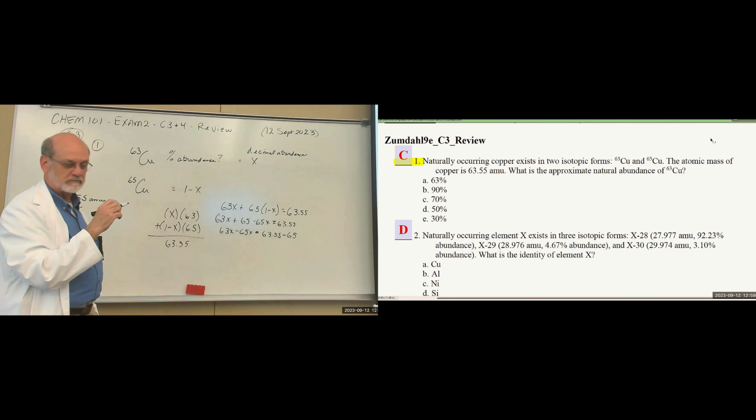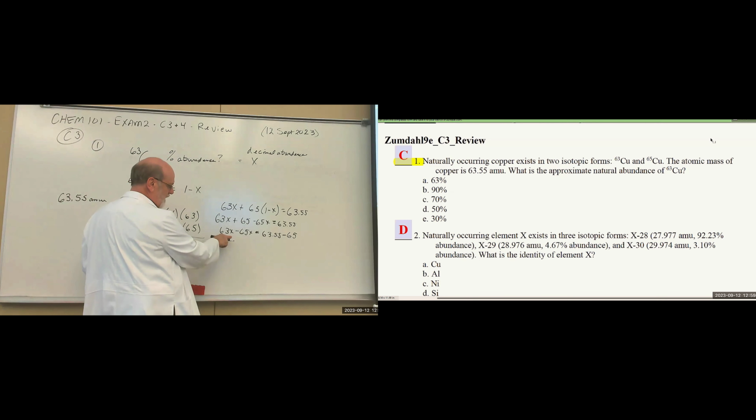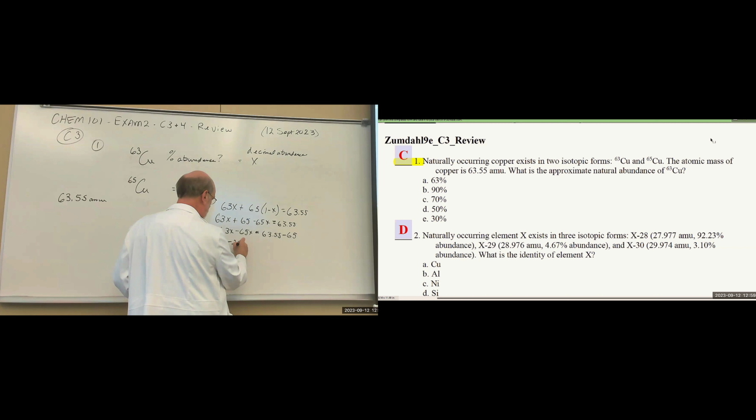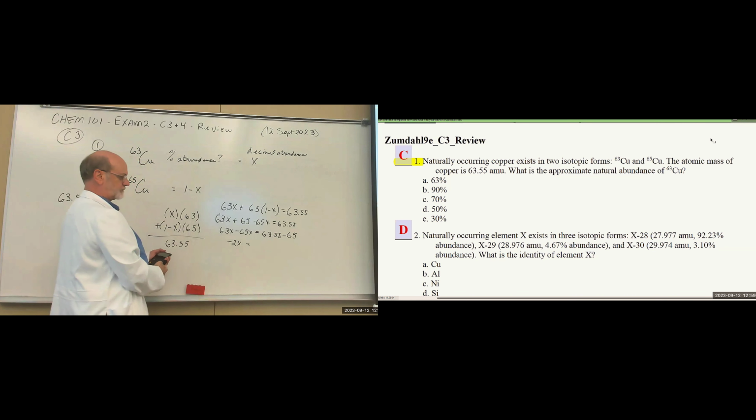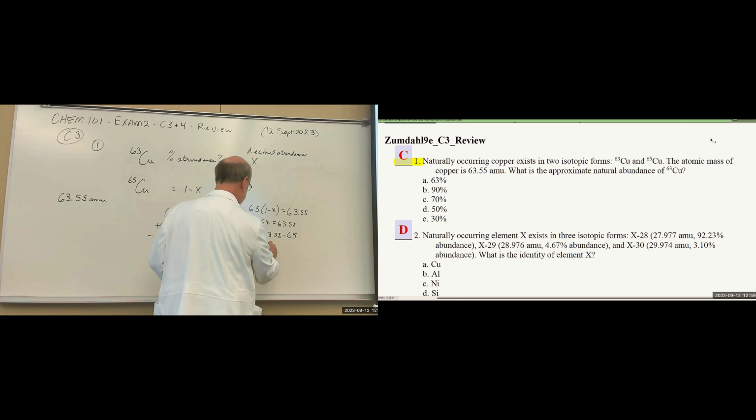So far, so good. Okay. So this is going to be minus 2x, correct? And this is going to be, let's see if I can do it in my head, minus 1.45.